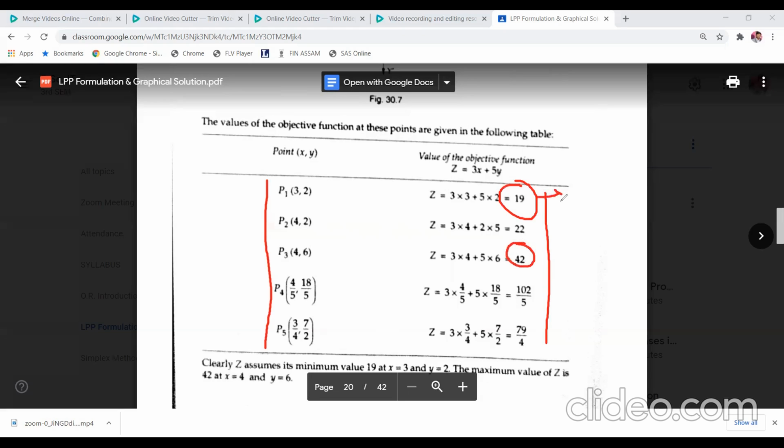This one is the minimum. And this one is the maximum one. So that means at the point 3, 2, the value of Z will be minimum. And at the point 4, 6, the value of Z will be maximum. And that solves our problem. And that will be the solution.